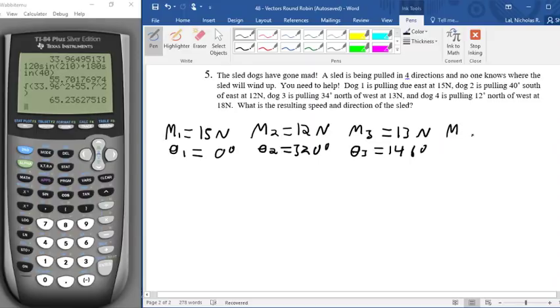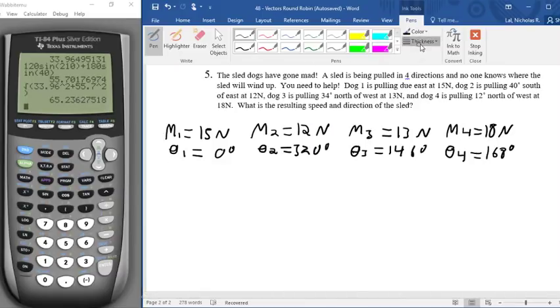M4 is equal to 18 newtons. Theta is 12 degrees north of west, which is going to be 180 minus 12, which is 168 degrees. Okay, so let's plug this into our calculator.